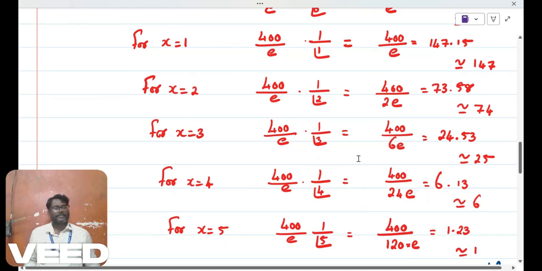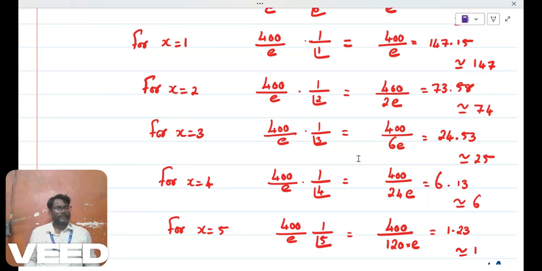Next, for x equal to 2, we get 400 divided by e into 1 by 2 factorial, which is equal to 400 divided by 2e. Using the calculator, we get the value as 73.58, which can be approximated to 74. Next, for x equal to 3, we get 400 divided by e into 1 by 3 factorial.